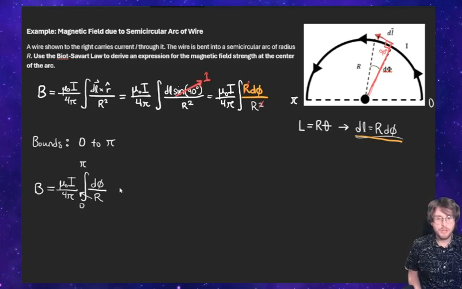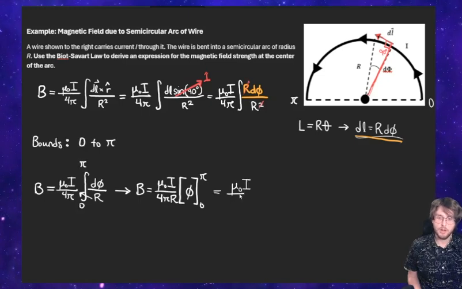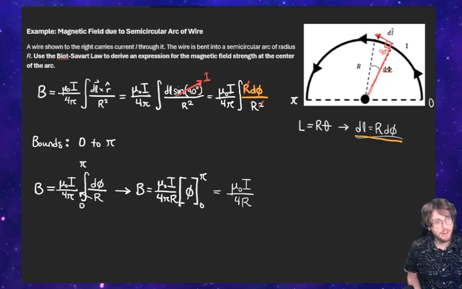And so integrating this function, we get B equals mu naught I over 4 pi r times just phi by itself from 0 to pi. And by plugging in our bounds with the fundamental theorem of calculus, we get our final result of mu naught I over 4r, as once we plug in this pi for phi here, we're going to have a pi that cancels out with the one that's already present in the formula.